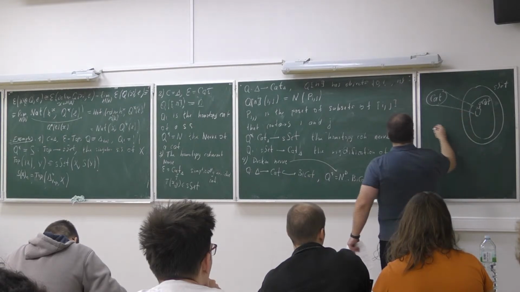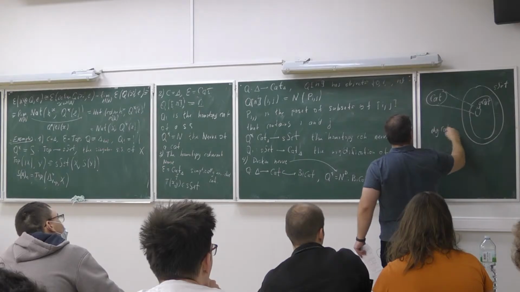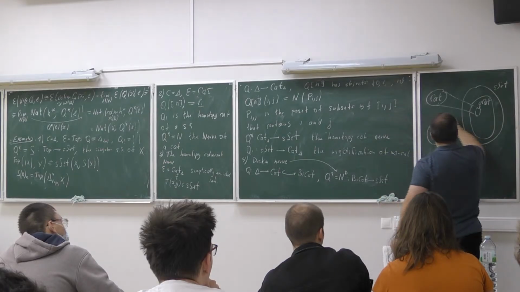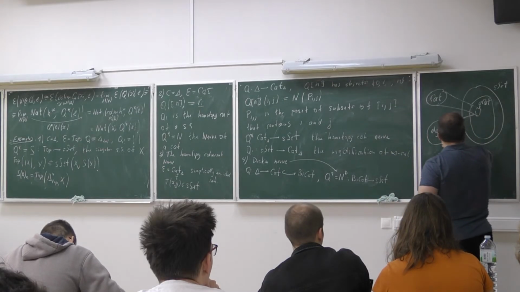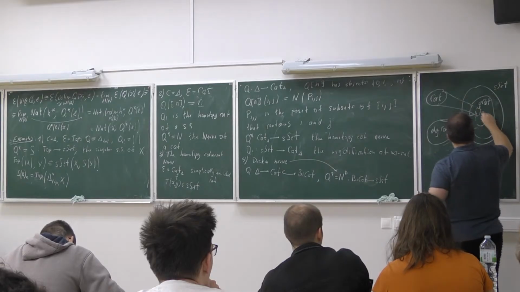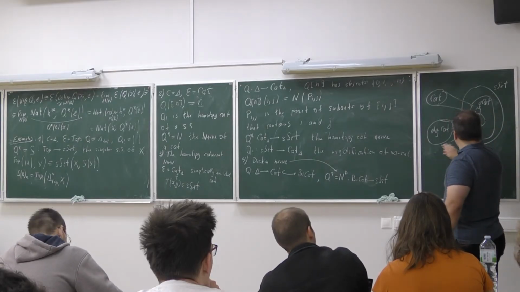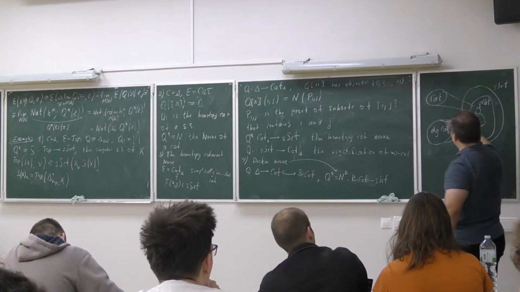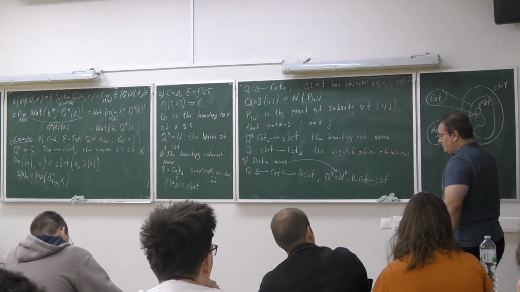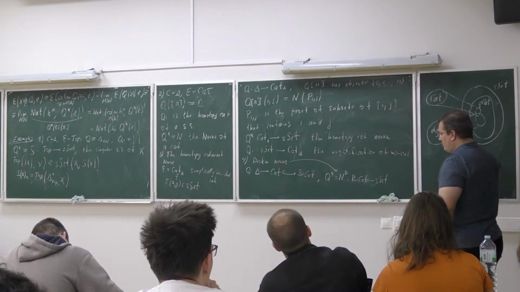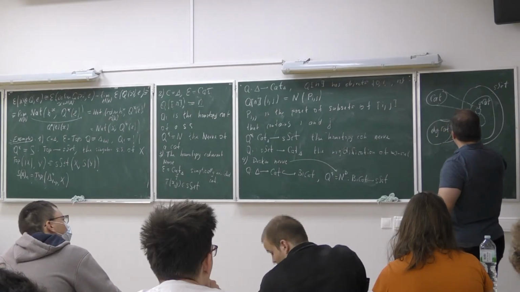Then you'll get something like, for example, DG categories. You'll get the DG nerve, and you still get something, potentially with some intersection. So all these categories in which you can do just general category theory or some enriched category theory, in the direction of the homotopy enriched category theory, by the construction of the nerve.